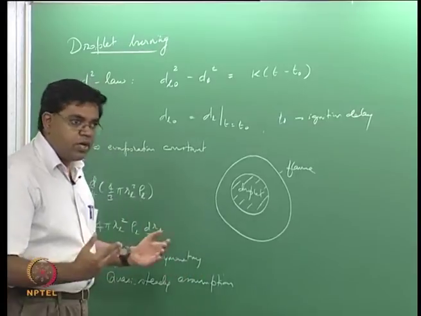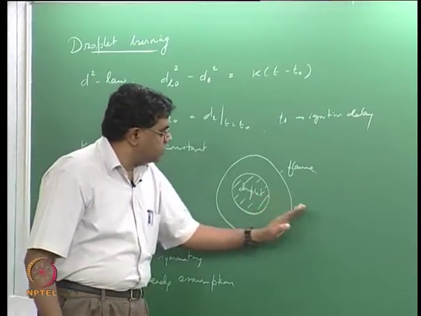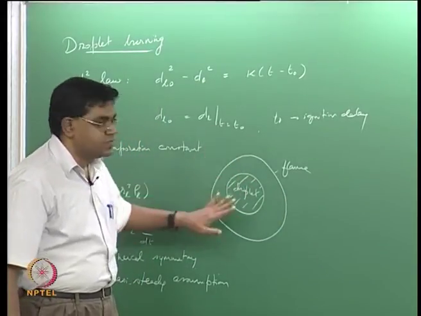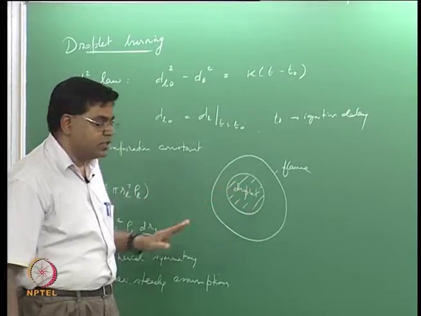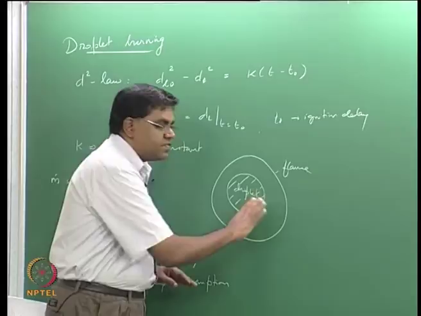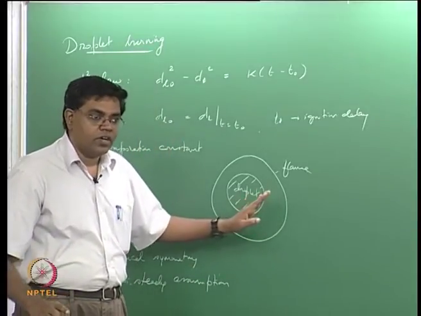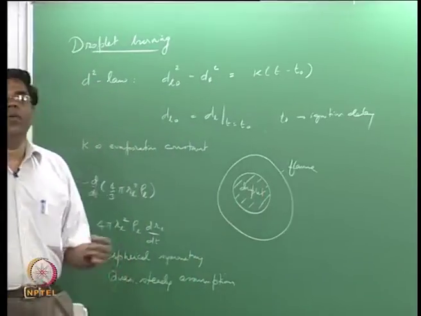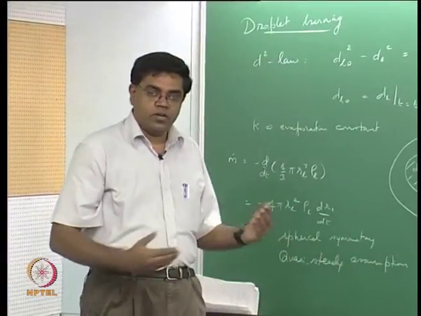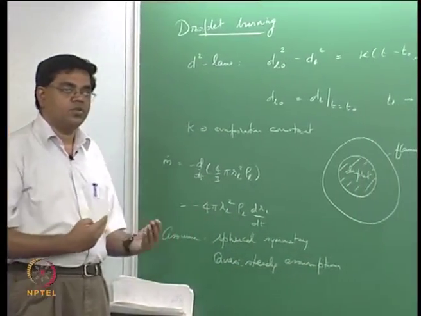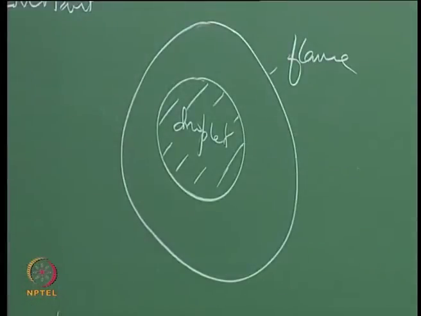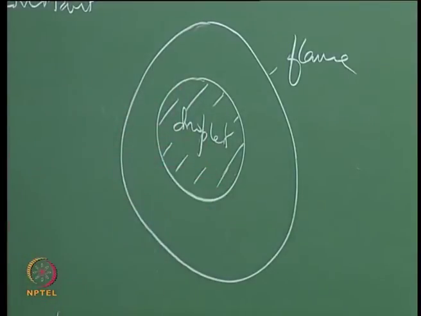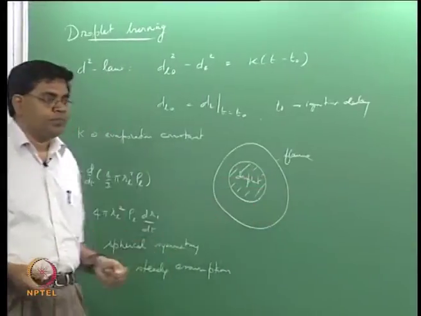To give you an idea, if the gaseous velocity going out relative to our frame of reference centered at the droplet center is of the order of a few meters per second, then the droplet surface motion is going to be only a few millimeters per second. So you have this 2 to 3 orders of magnitude disparity between the rate of regression of the droplet surface inward and the rate at which the gases evolve out of the droplet.